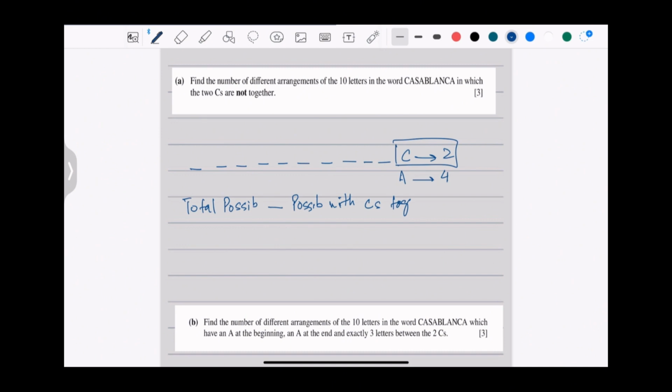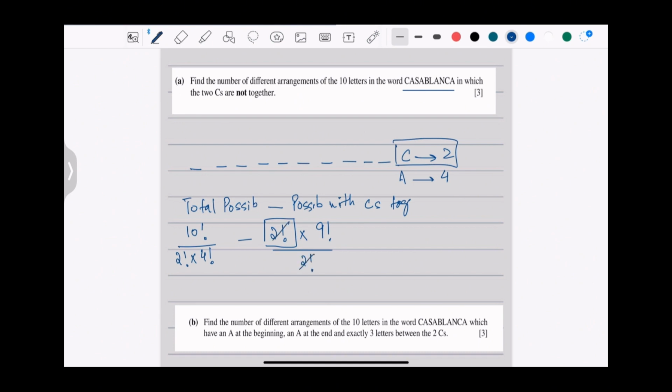So what I'll do is, total possibility of this is 10 factorial over 2 factorial times 4 factorial, because 10 factorial all the letters shuffling, and since A is repeated 4 times and C is repeated 2 times, minus, if I keep all the C's together, so this will give me 2 factorial for C, making a C in the box, times 9 factorial over 2 factorial.